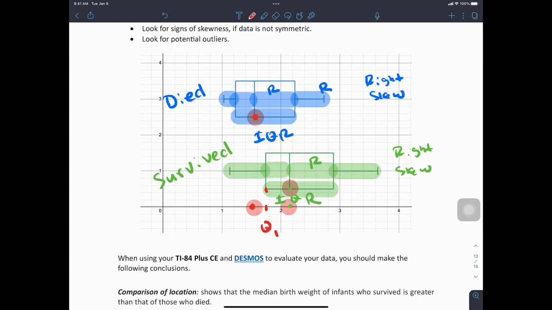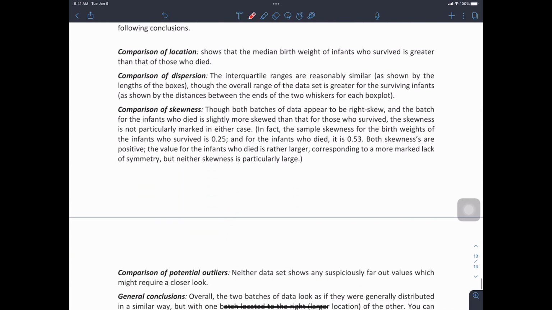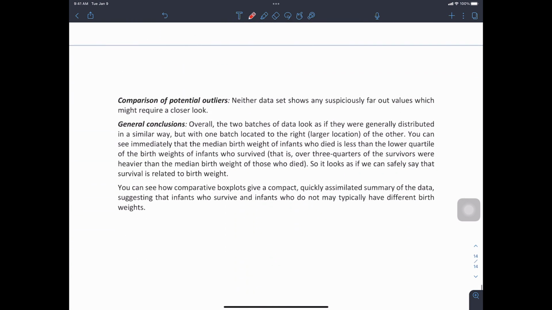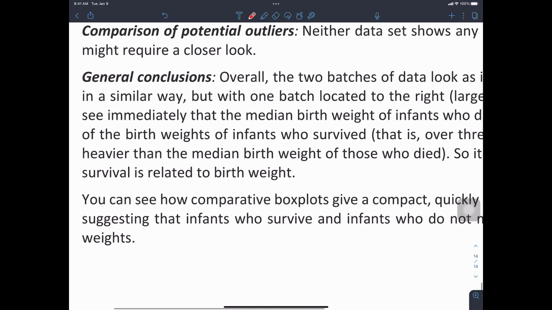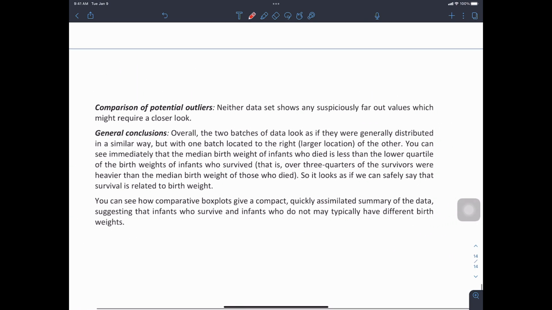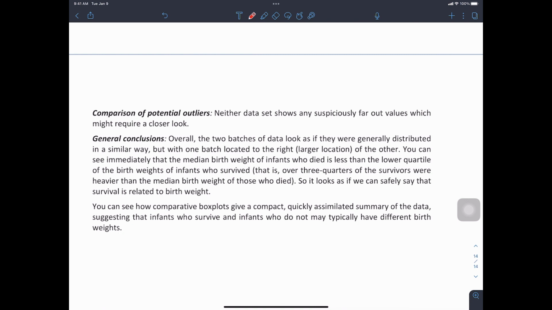So this is why you look at the first quartile as well. You can see immediately that the median birth weight of the infants who died is less than the lower quartile of the birth weight of infants who survived. So it looks as if they can safely say that survival is related to birth weight.